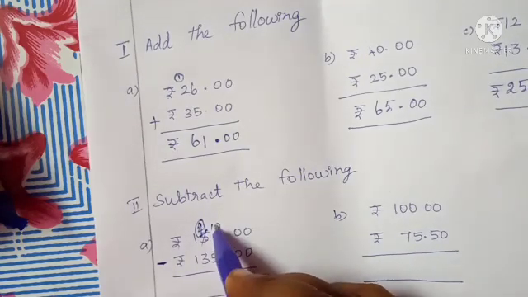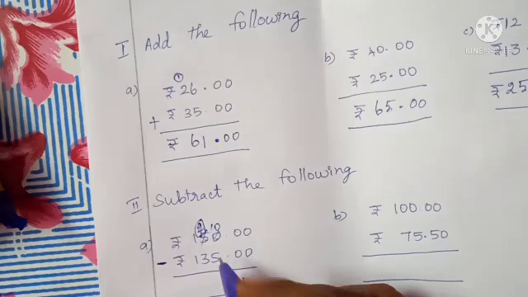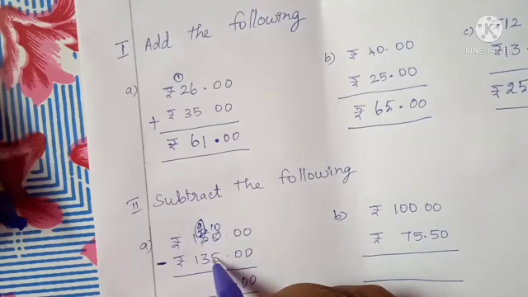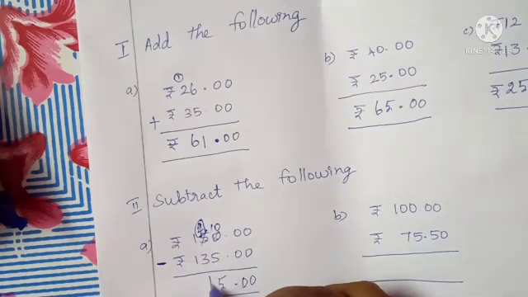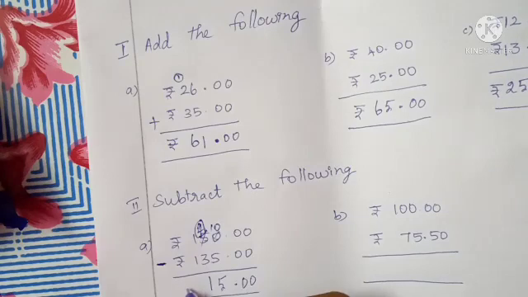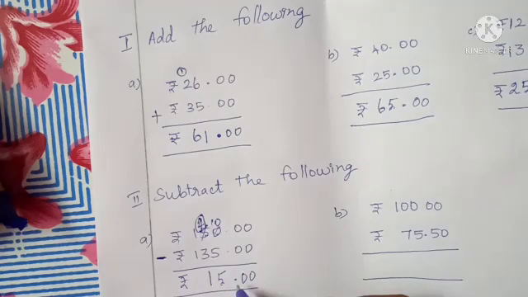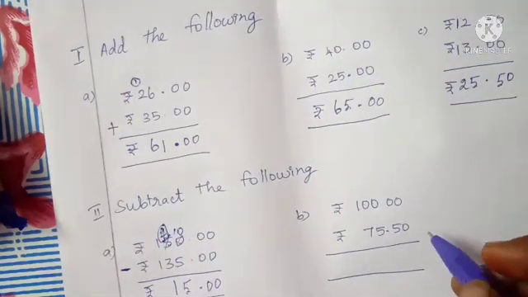Then here 10. So 10 subtract 5, 5. 4 subtract 3, 1. 1 subtract 1, 0. So you get the answer now. How much balance is here? Only 15 rupees.